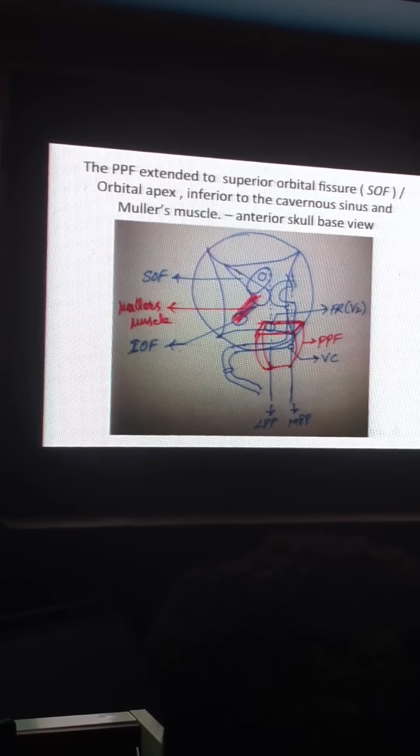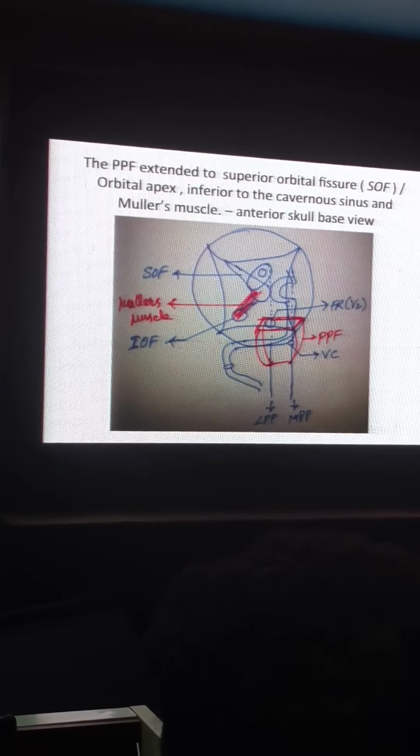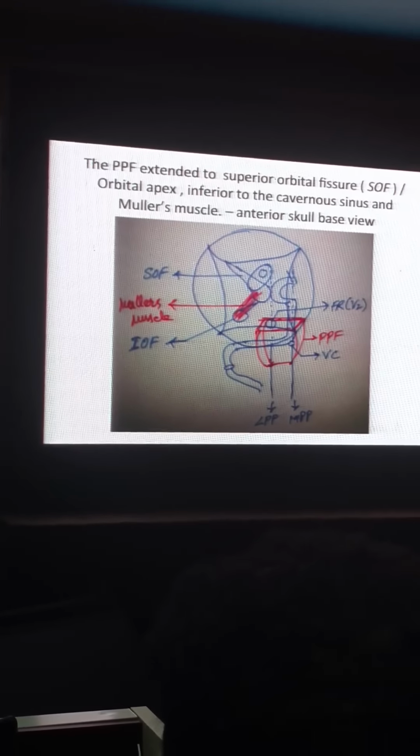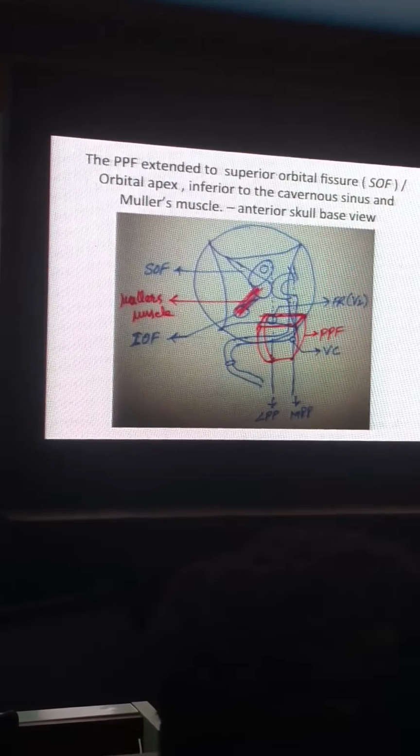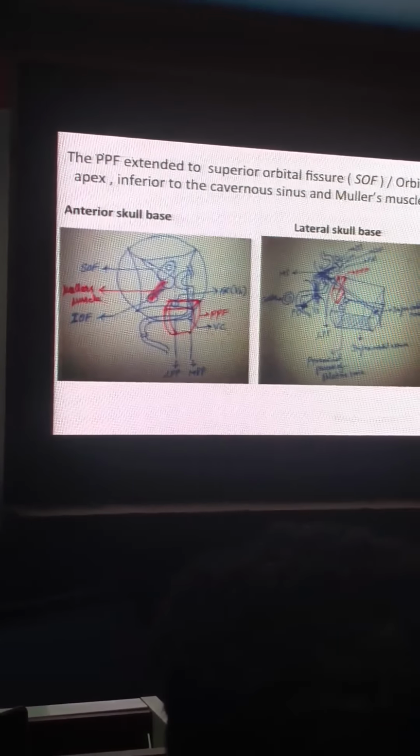So our tumor, the JNA, is going into all this area because of the anatomical position here. Again, this is the lateral skull base view. Pterygopalatine fossa extends to the middle cranial fossa, superior to the superior orbital fissure. Both together.